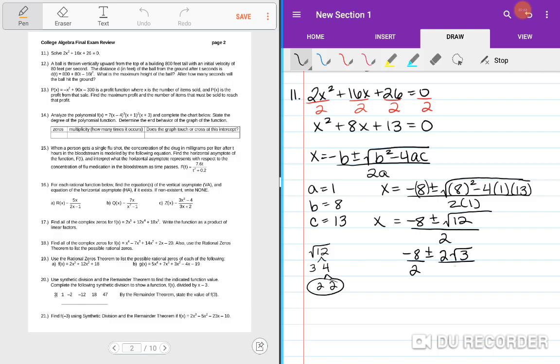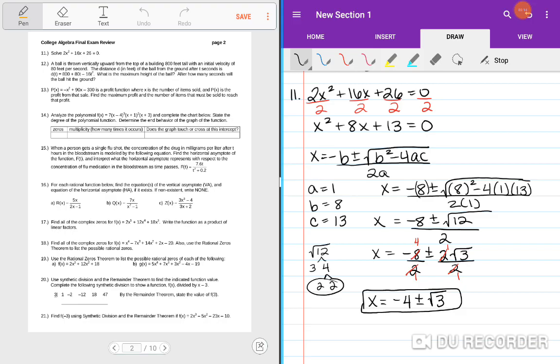I'm going to go ahead and split it up, put each one over 2, because that way we can reduce our fractions also. Because 2 goes into 8 4 times, 2 goes into 2 once. So x equals negative 4 plus or minus the square root of 3. So these would be our two solutions right there.